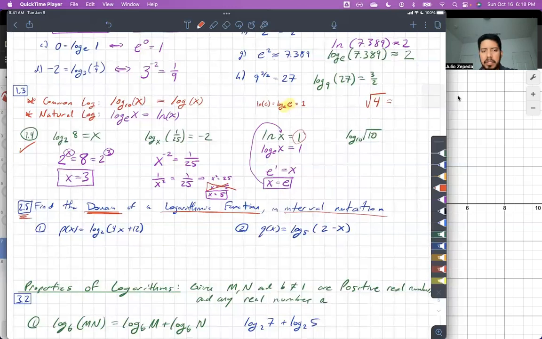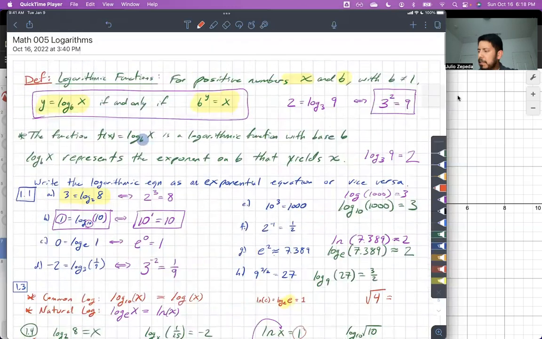So we go back to the definition of a logarithm, and the argument of this logarithmic function was x. And notice that we were told that x was a positive number. The domain of a logarithmic function, or the domain of log of x, is all numbers x that are positive, larger than 0.